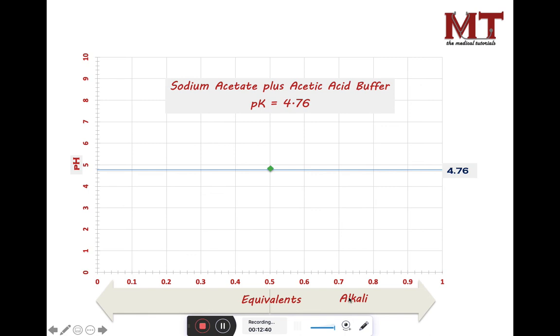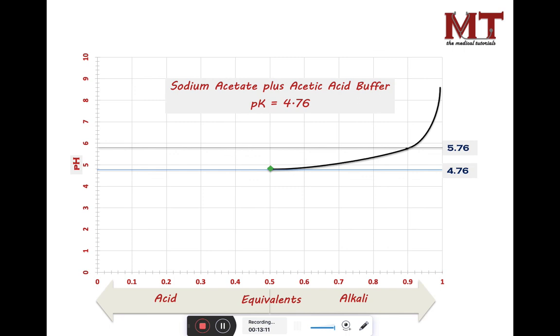As we add the alkali, the pH should not change, because it is a buffer. But actually speaking, the pH changes, but the change is very, very small. Even when we add a large amount of alkali, the change in the pH is very small. We keep on adding lots and lots of alkali, the pH keeps on increasing till it reaches 5.76, and after that it will suddenly increase.